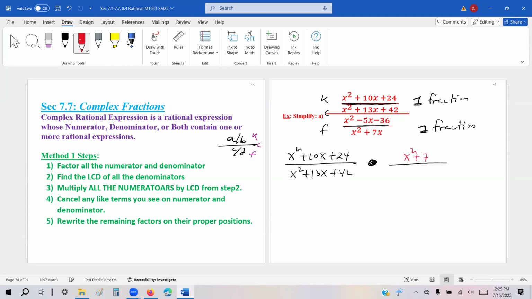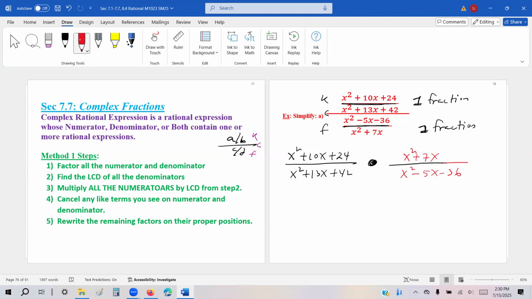So x squared plus 7x, and then x squared minus 5x minus 36. It became the normal multiplication we learned in 7.12. So we started with complex, we turned it into a normal one. And now we know how to multiply, right? What are the steps to multiply this?